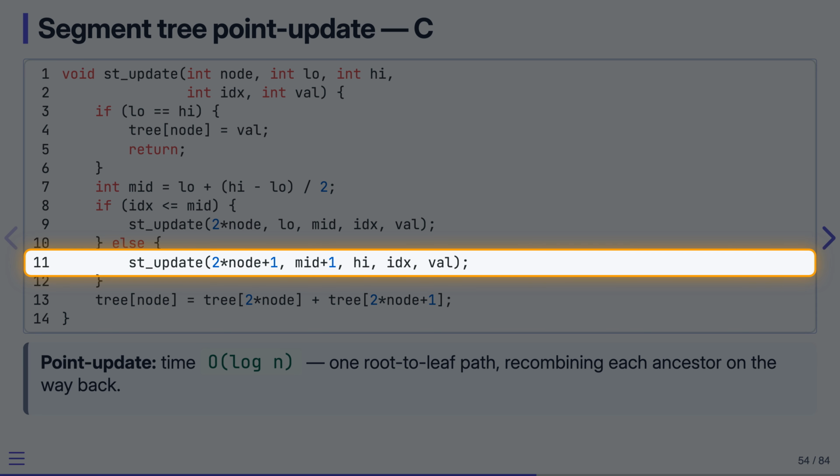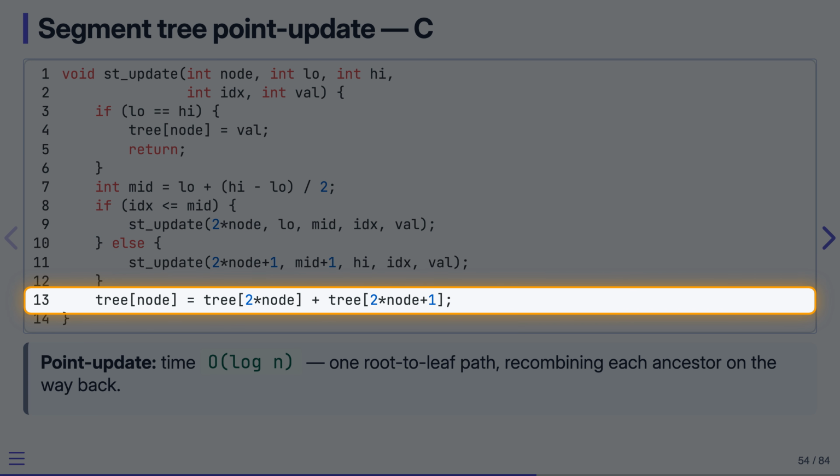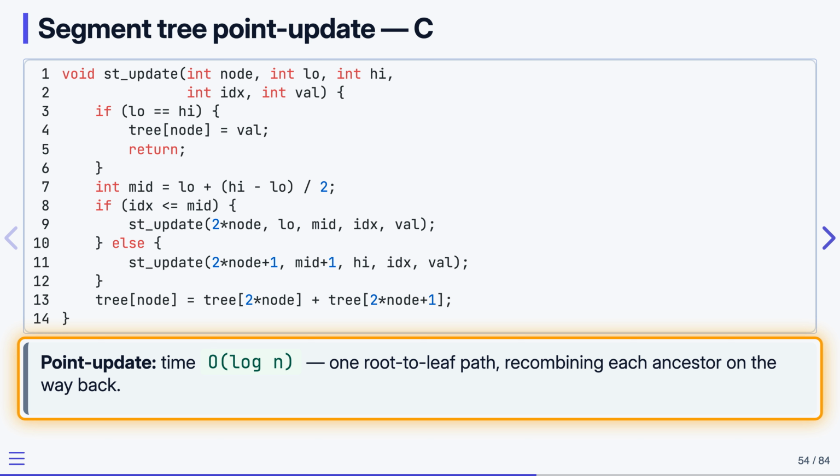Otherwise, right only. 1 child per level, which is what makes this a single root-to-leaf path. And then the recombine, on the way back up. Every ancestor of the changed leaf gets its sum refreshed. The cost is big O of log n, 1 root-to-leaf path, recombining each ancestor on the way back.